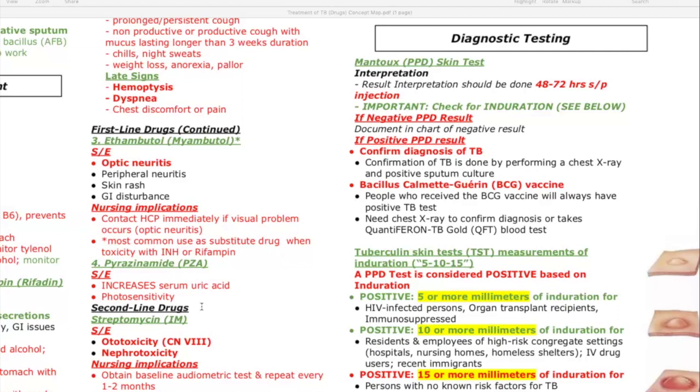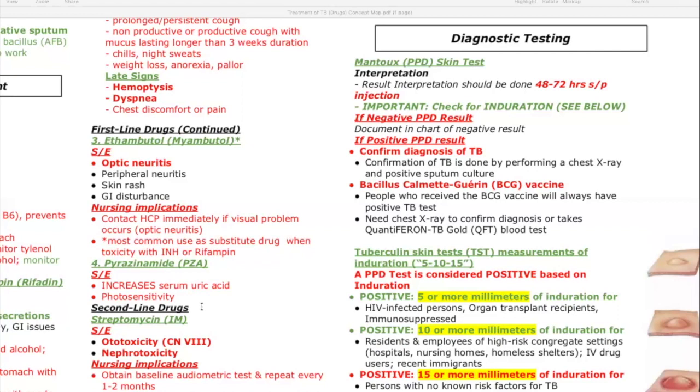So the next is, an induration of 10 millimeters or more is positive for populations such as recent immigrants from high prevalence countries, IV drug users, and residents and employees of high-risk congregate settings. So for instance, a nurse.